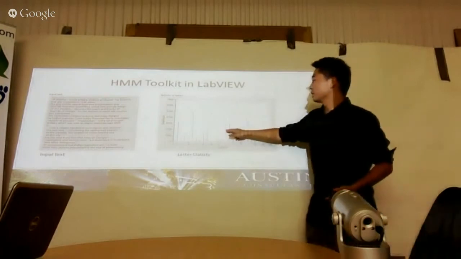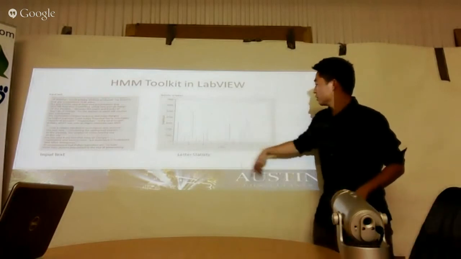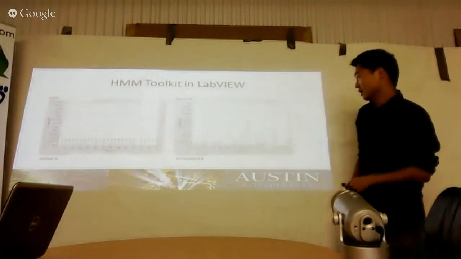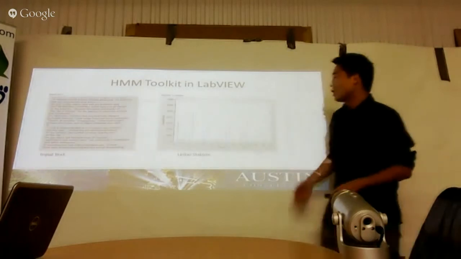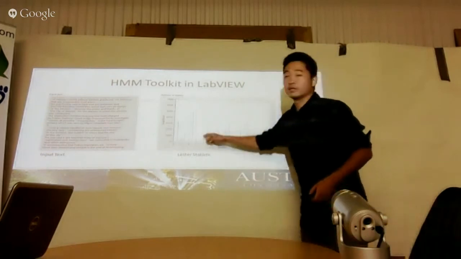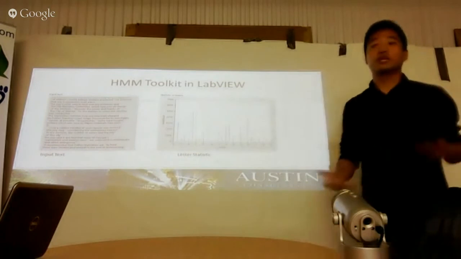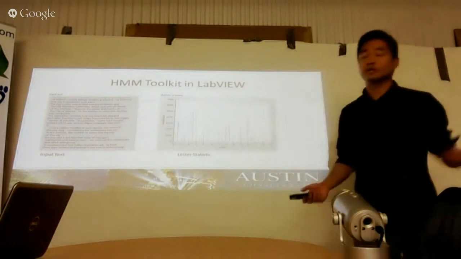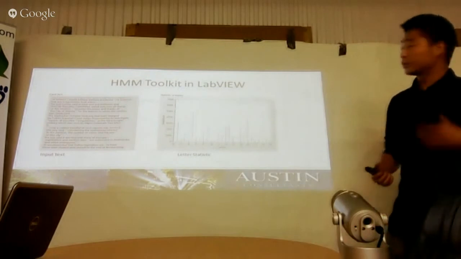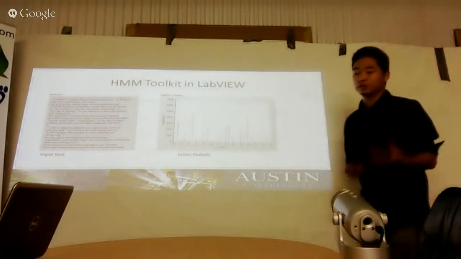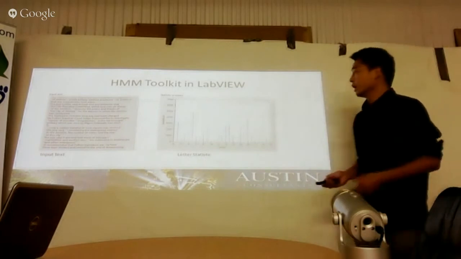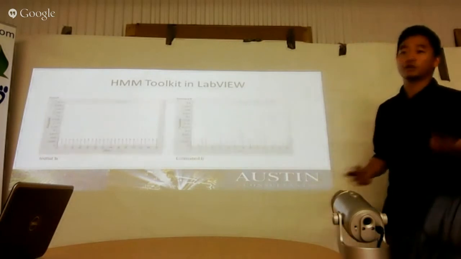Some letters, like S and T, appear very frequently. So they don't do that according to statistics alone, but according to the relationship between the letters, and it just comes out to be the vowels and the consonants.